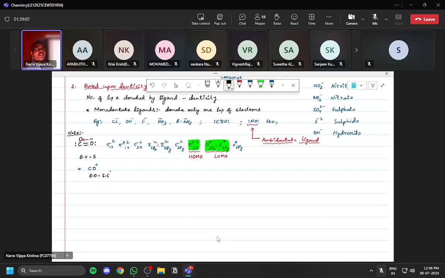Clear? Any questions? What are ambidentate ligands? Either of the donor atoms can donate a lone pair of electrons.